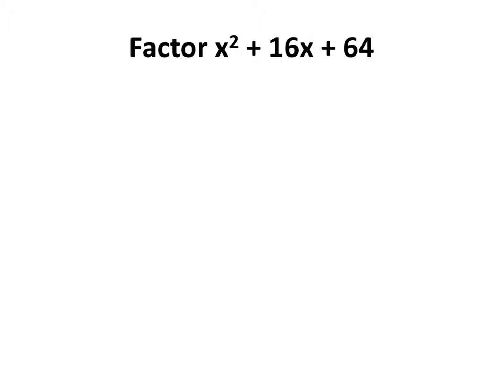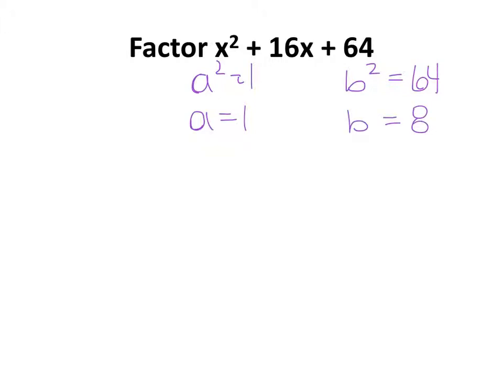Looking at this example, we have 1x squared. That 1 tells us that a squared is 1, so we would guess that the a term is also 1. The 64 is like our b squared term. We think that b squared is 64, which means we probably think that b is equal to 8. This is a good time to double check. 2 times a times b.